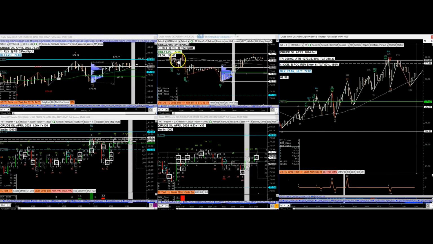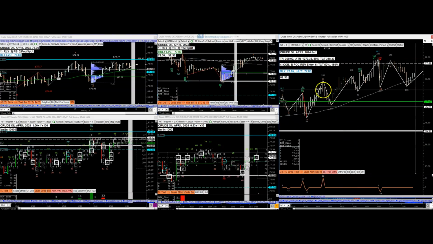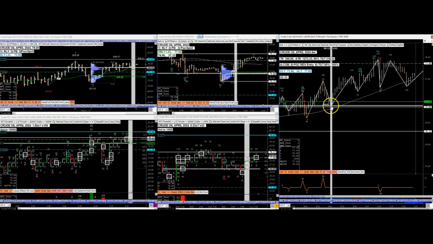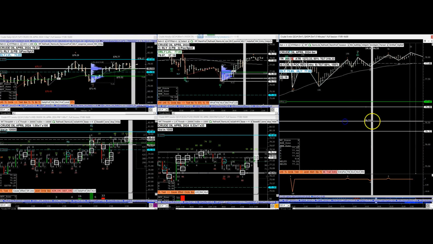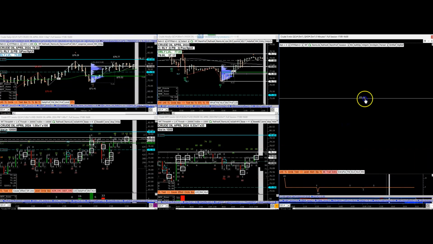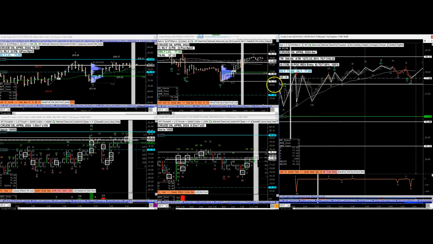So now we're in an uptrend on the hourly. As we are in the uptrend on the hourly, this pullback was the entry area. If you can execute, get in, great. But that was the entry area to ride this move higher.